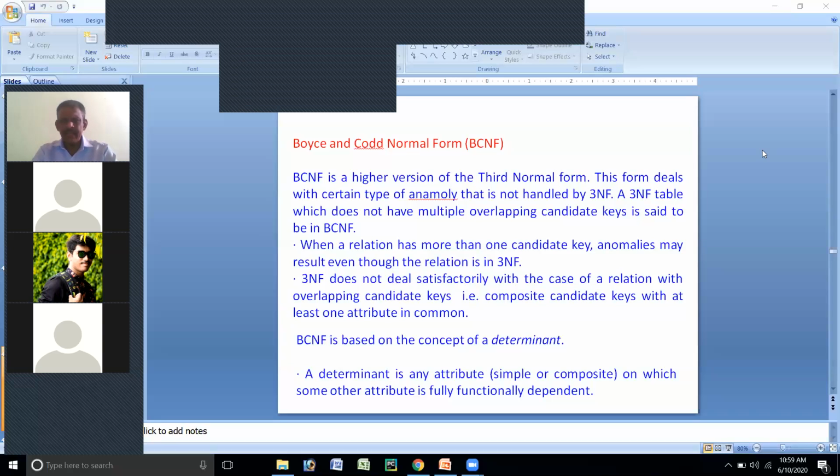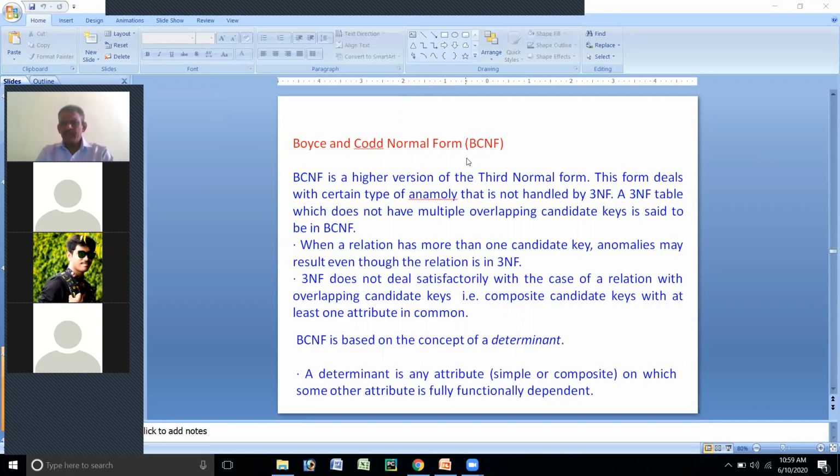Even though a table is in 3NF, it may contain multiple overlapping candidate keys, and then we use BCNF. 3NF does not deal satisfactorily with relations having overlapping candidate keys. What is the drawback of 3NF we are stating here?